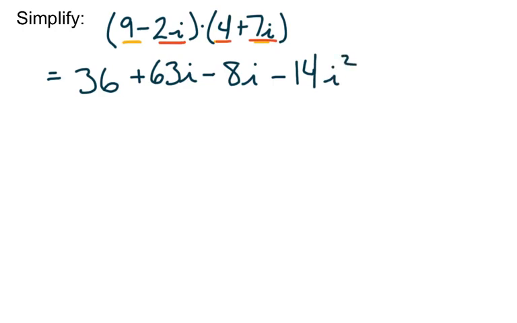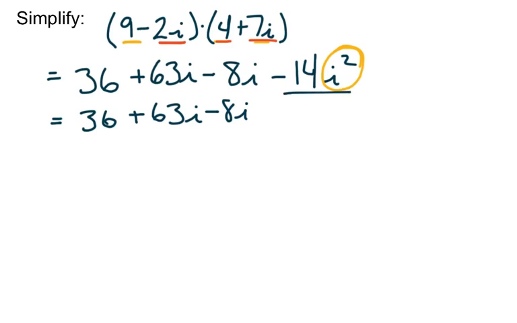We've FOILed correctly, it's all spread out, but now we need to clean it up and simplify this expression. The first thing is all the way at the end. The i squared, that's really equal to -1. So this entire term is really -14 times -1, so that'll turn into positive 14.